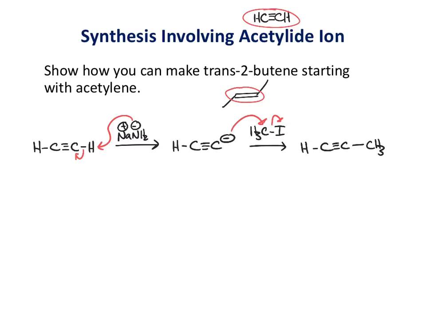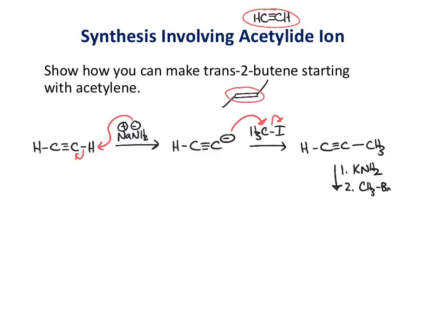To do the other side, since it's an identical group, you just need a second round of this. Don't get thrown off if they use a different counter cation, maybe KNH2, or a different halide like CH3Br.